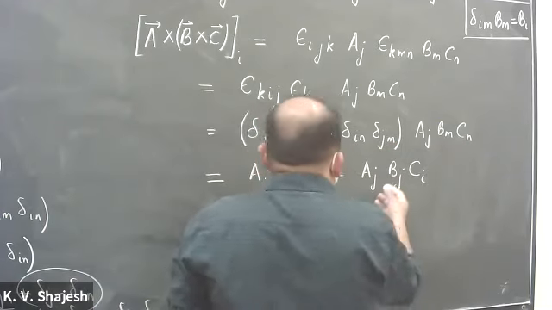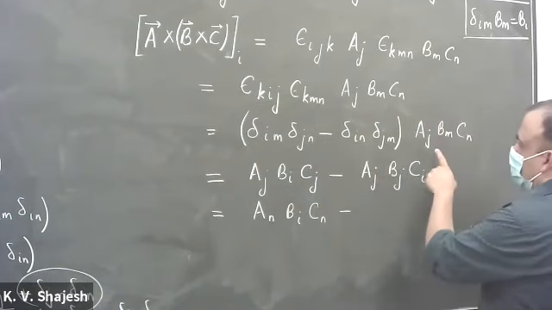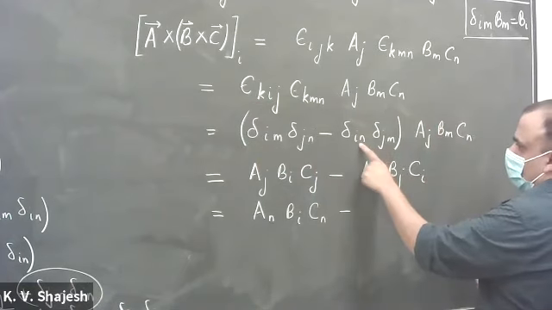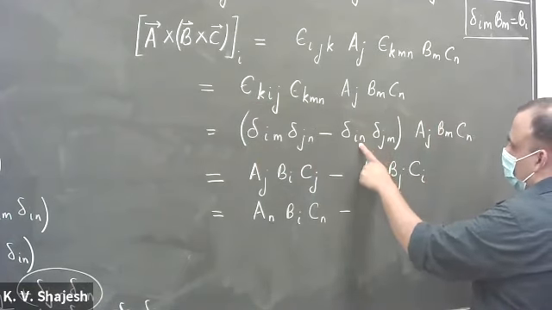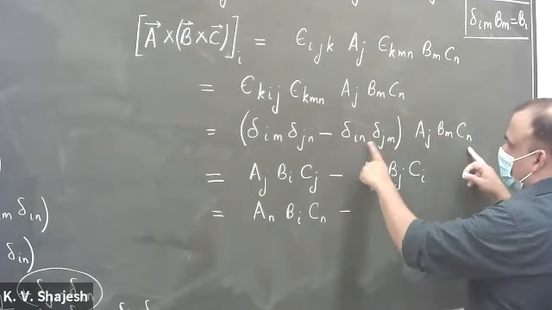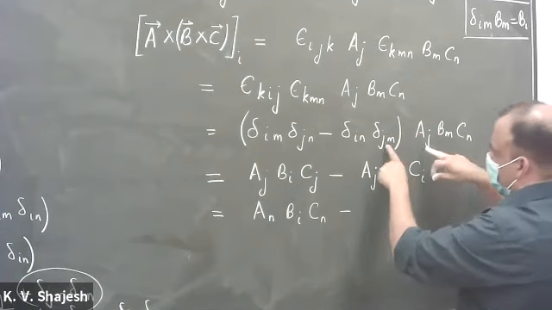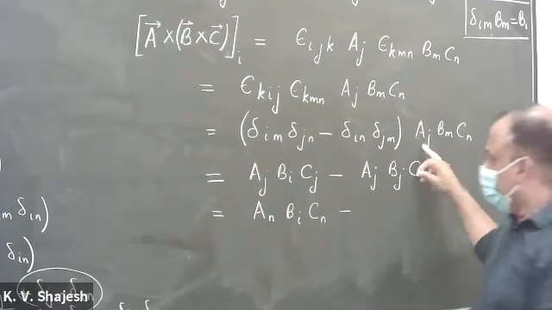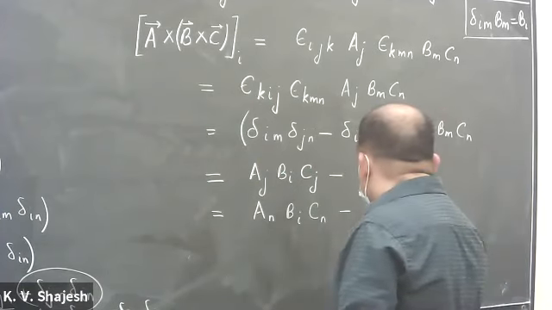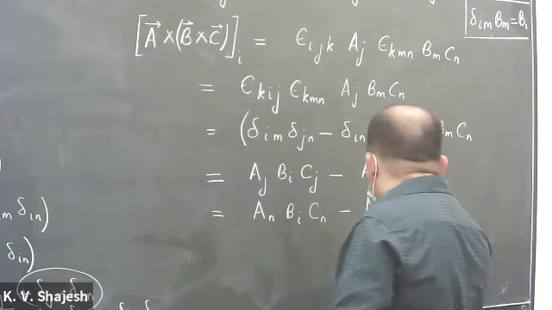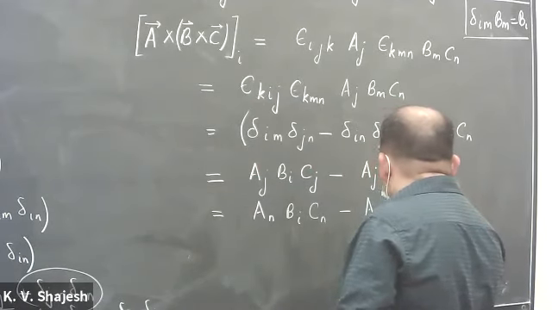And you can do the same thing here also. Here I replaced N with I. So I replaced M with J, but I could have done it the other way. I could have replaced J with M. So this is also AM, BM, C. Good point.